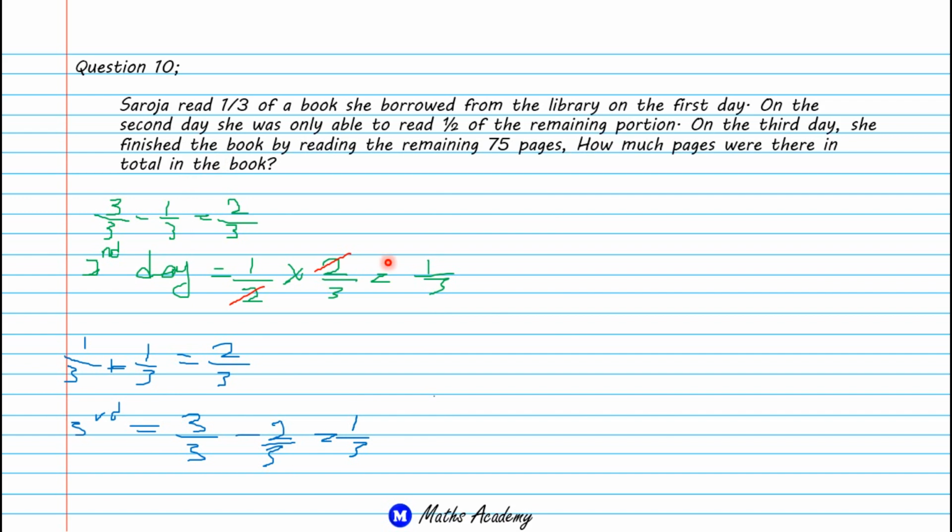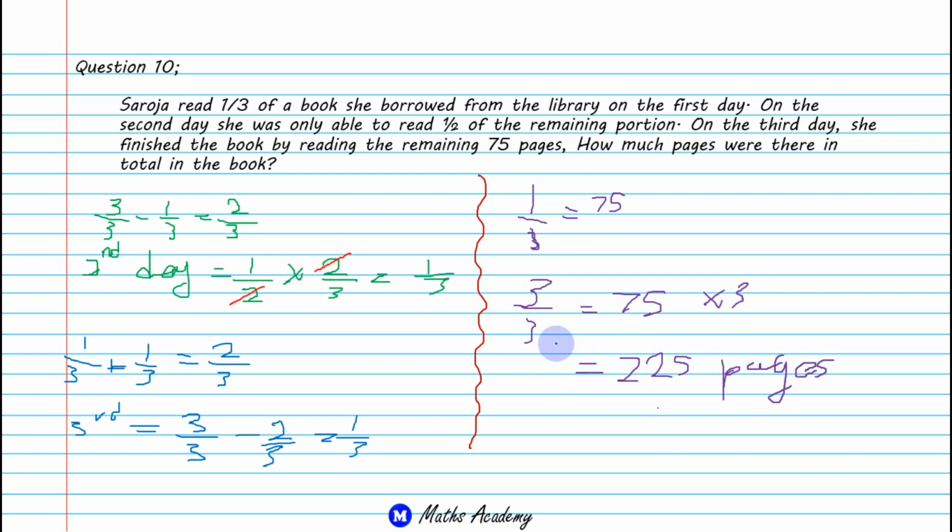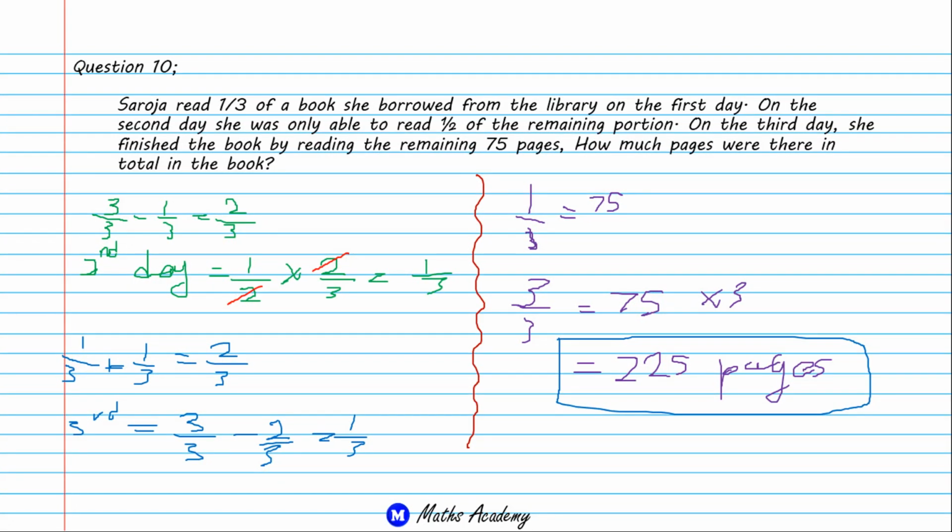So on the first day, second day and third day, she has read 1 over 3. So now we can find the total pages that were in the book. So 1 over 3 is equals to 75 pages. This is the total pages that is in the book. I hope you understood it.